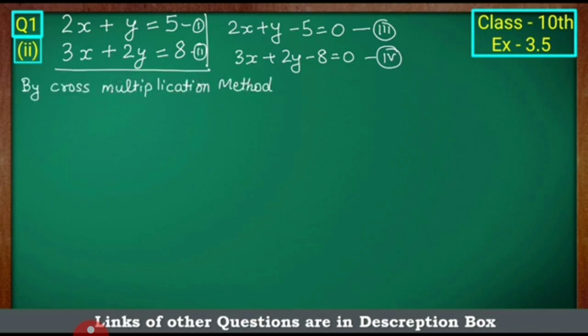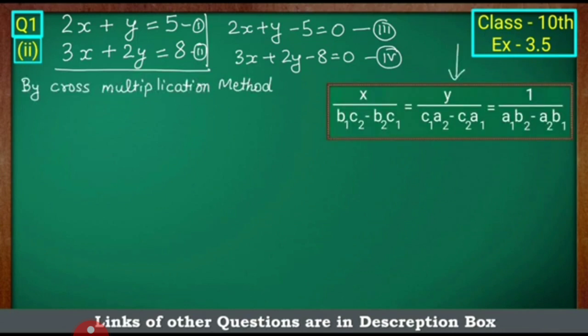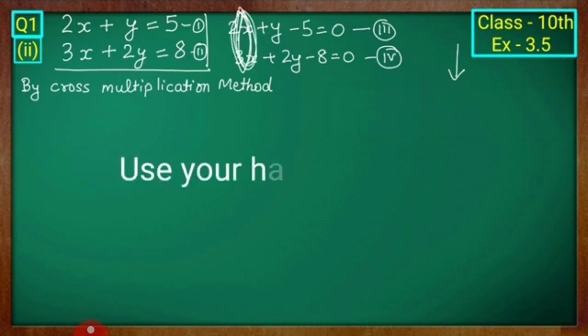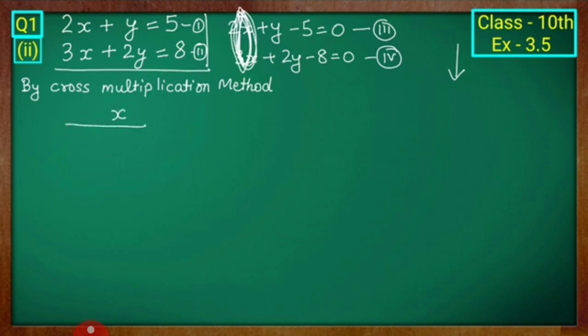So by the cross multiplication method we have this specific pattern. x upon b1 c2 minus b2 c1 is equal to y upon c1 a2 minus c2 a1 is equal to 1 upon a1 b2 minus a2 b1. So for x we hide the x term and see the coefficient of y and the constant.